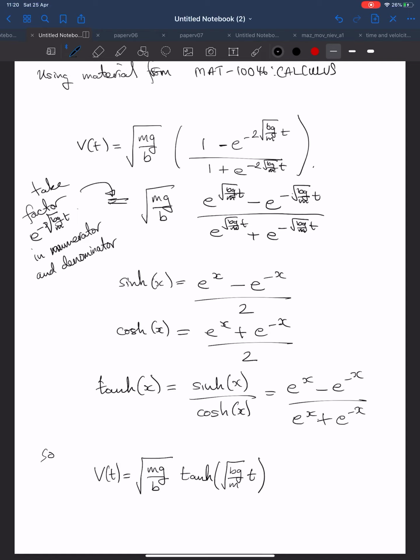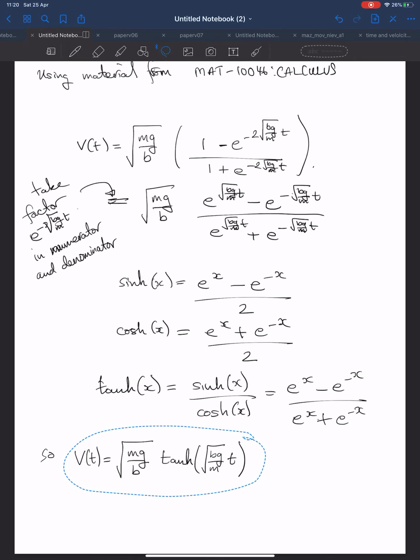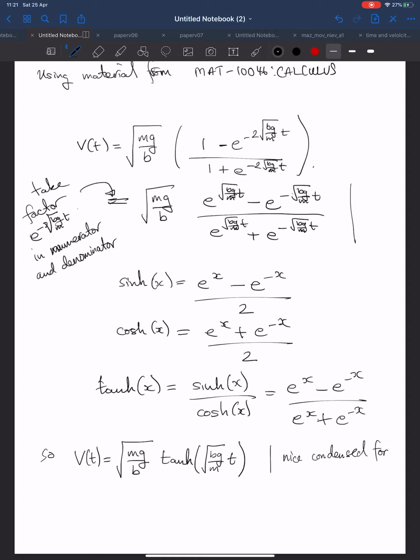All right, and that's it. Okay, so what does it mean? Final thing. So, from a personal perspective, unless I'm told otherwise, I would accept this answer. This is a nice condensed form. Now remember that this tan hyperbolic tends to 1 as t tends to infinity. And also you can see that from the above expression as well, that this ratio will tend to 1. But basically what's going on is the following.